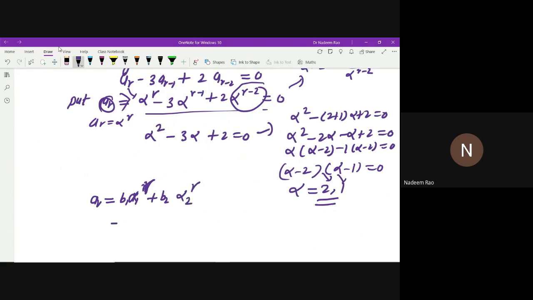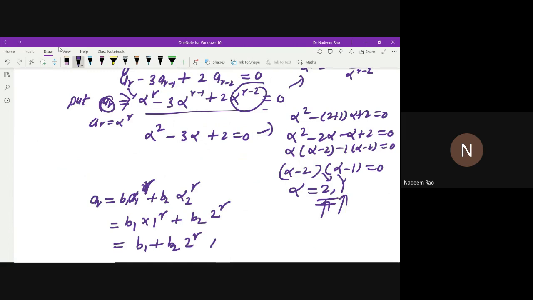So b1 is a constant and alpha 1 is 1, that is 1 to the power r, plus b2 is a constant and alpha 2 is 2, that is 2 to the power r, which equals b1 plus b2 times 2 to the power r.